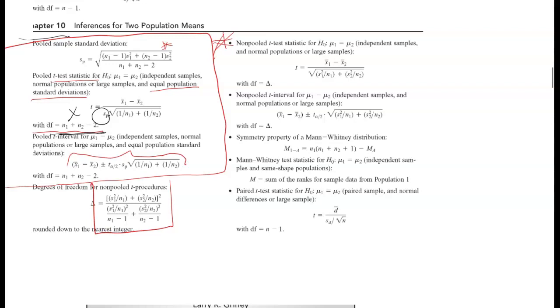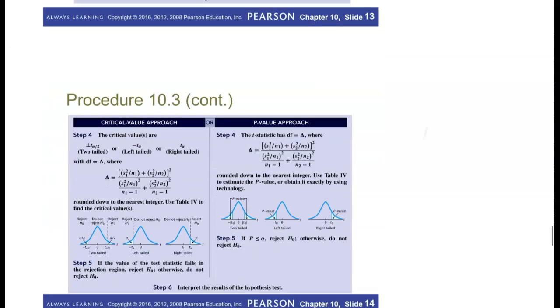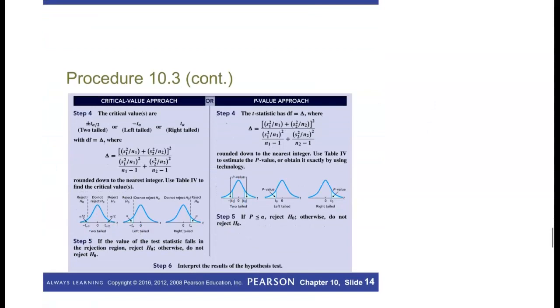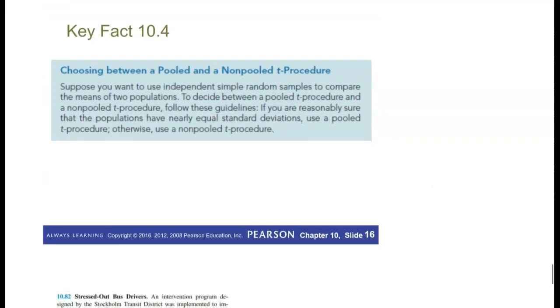And it clearly says this is a non-pooled t-test. Your steps are exactly the same. You can review them, but everything is going to fall under the same category. I am going to actually jump to doing a review. Confidence interval is the same.